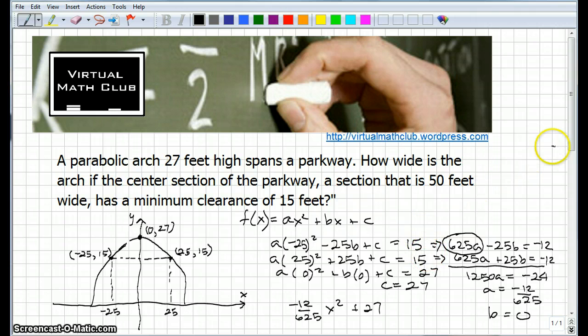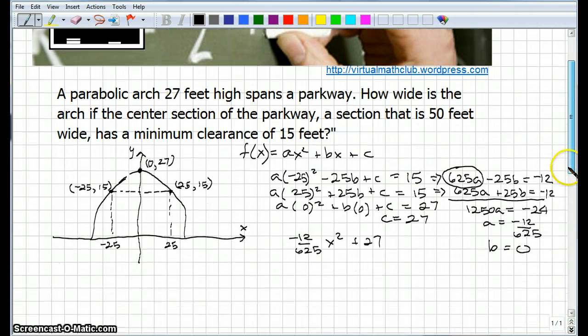Then if we want to find the width of the parabola, we're just trying to find these 2 points here. So if we just plug in 0 for x, we'll get the y value.